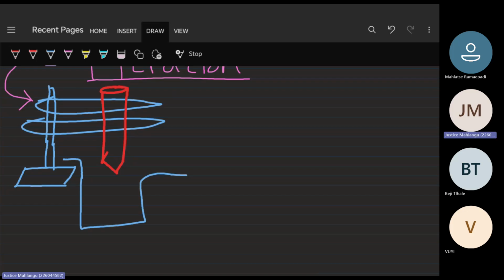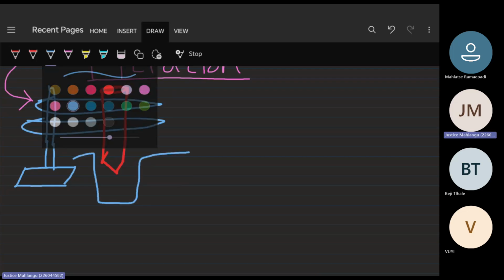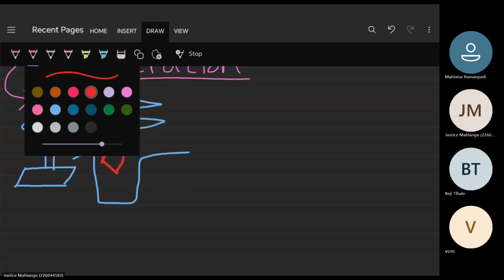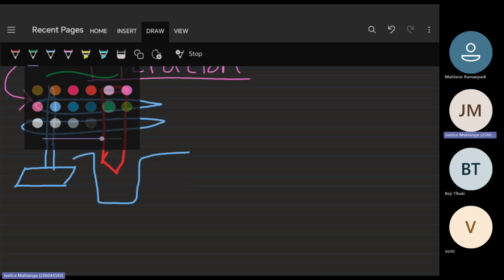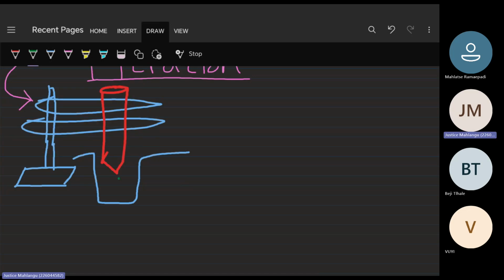In this beaker here, guys, let me increase my beaker. In this beaker, there's something that we are adding. I said we are putting what here? The standard solution is the one that is going to enter here.